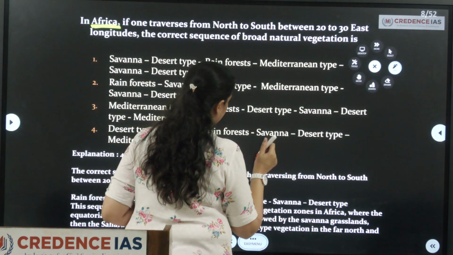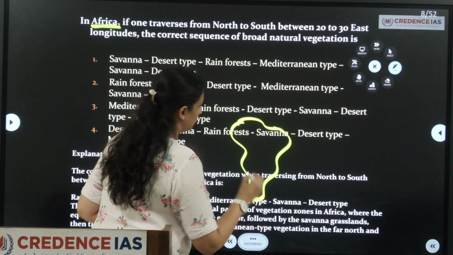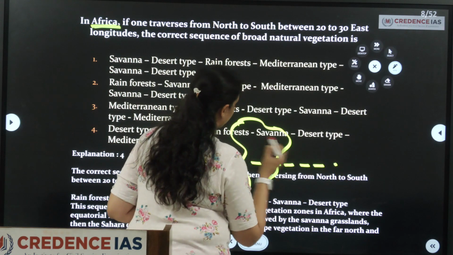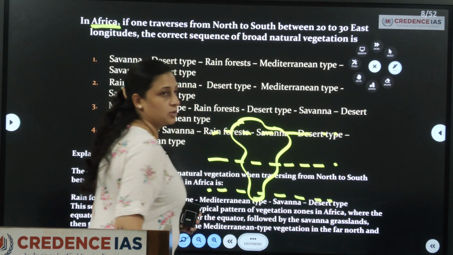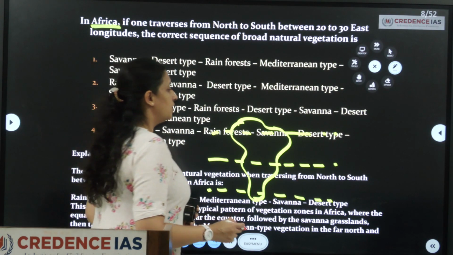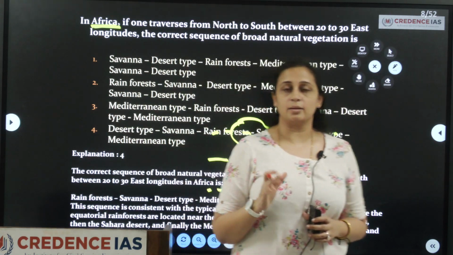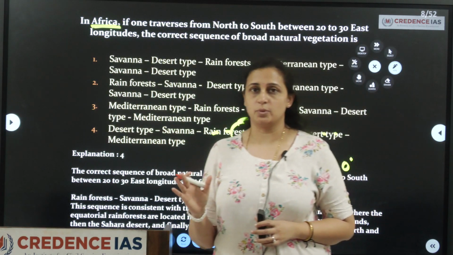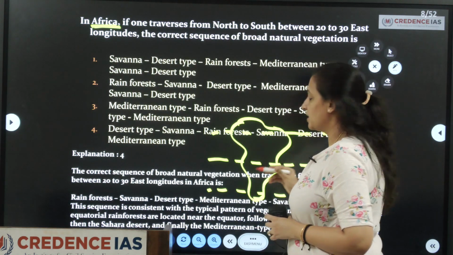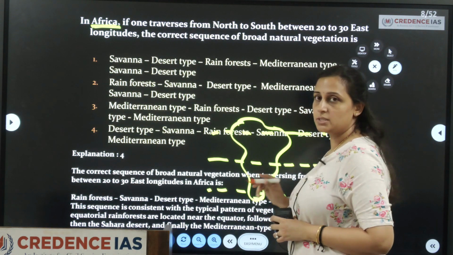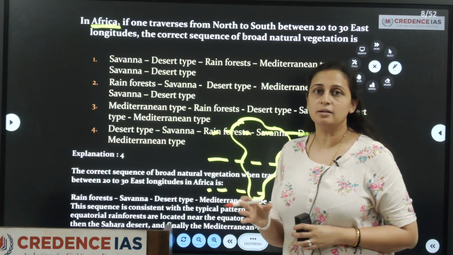If this is Africa, with the equator, Tropic of Cancer and Tropic of Capricorn, near the equator the plant and animal diversity will be maximum. In the equatorial region, plus or minus 5 degrees, the equatorial forests will come.